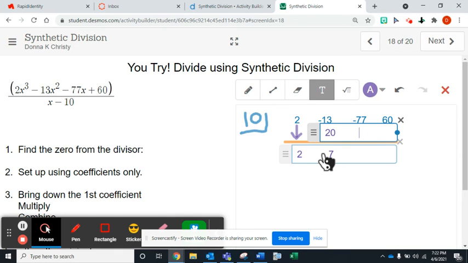And now we're going to say 10 times 7. 10 times 7 is 70. Let's combine those. Negative 77 and 70 is negative 7. Then we're going to go back up here and multiply. 10 times negative 7 is negative 70.